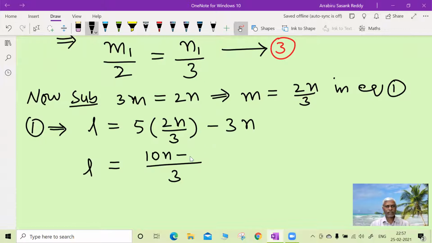Taking LCM, 10n minus 9n, that is n by 3.